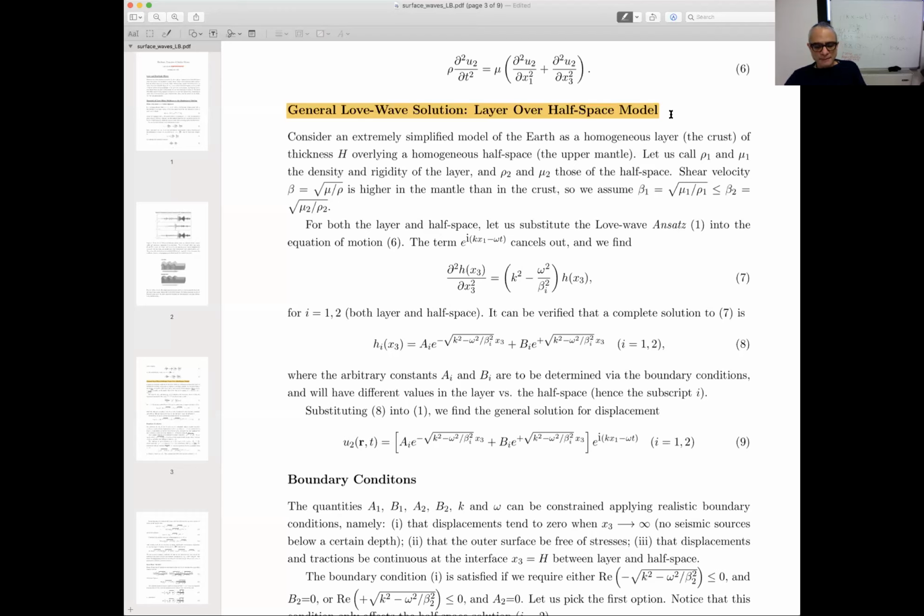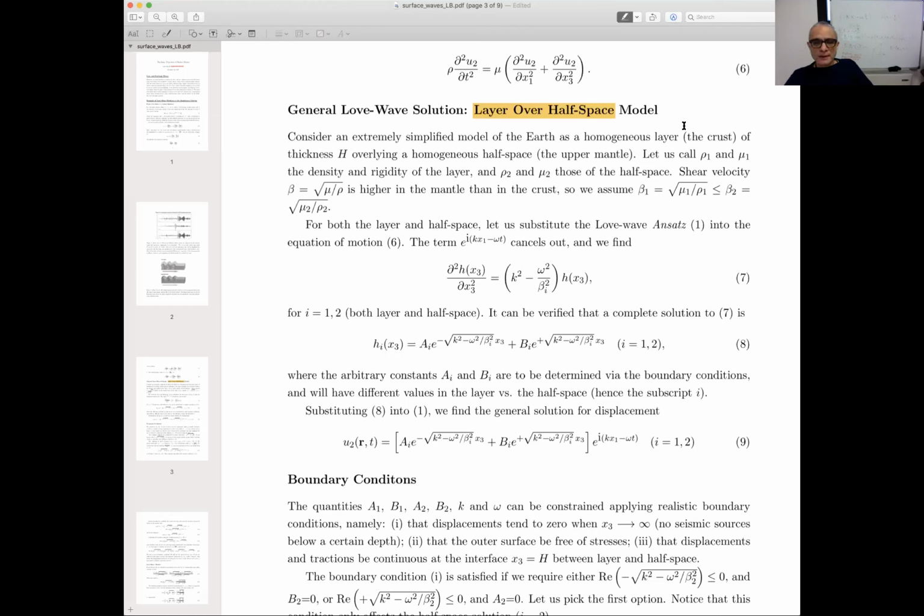Love waves only emerge when you have at least a layer over half space situation. This is obviously the case in the Earth, because the Earth has, at the very least, we know by now, the Mohorovičić discontinuity at some, I don't know, 10, 20, 30, 50, 80 kilometers, depending on where we are standing on our planet.